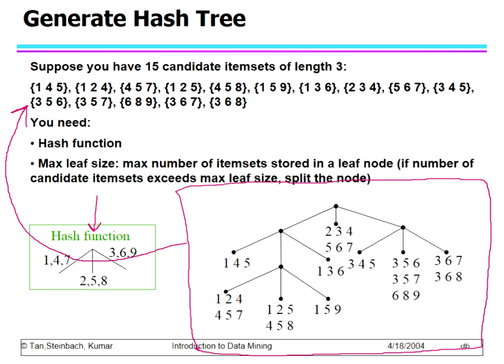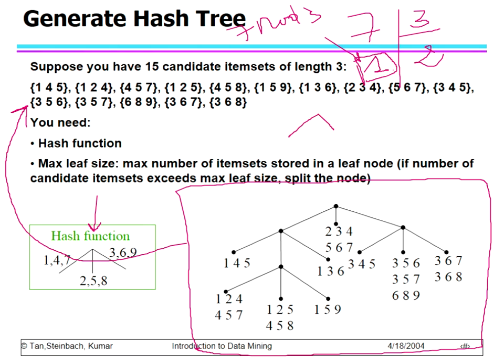It is clear? 7 mod 3 equals 1, because 7 divided by 3 equals 2, and the rest equals 1. This is 7 mod 3. It is clear?